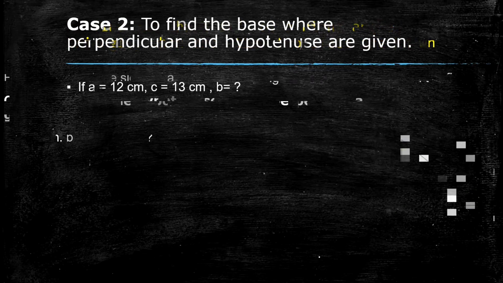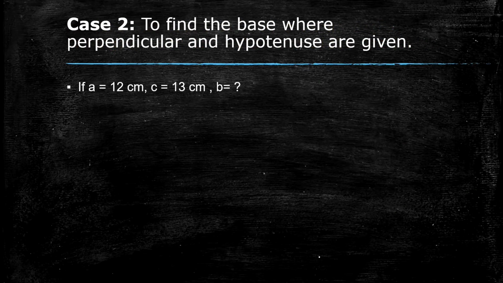Moving on to the second case, we have to find the base where perpendicular and hypotenuse are given. Let's draw the right angle triangle. What is given to us is the perpendicular, which is 12 centimeter here, and the hypotenuse, which is 13 centimeter here, and we have to find the base.